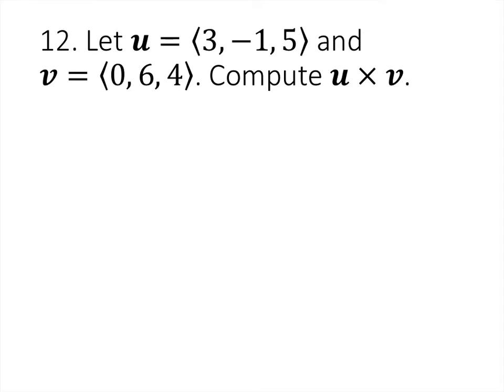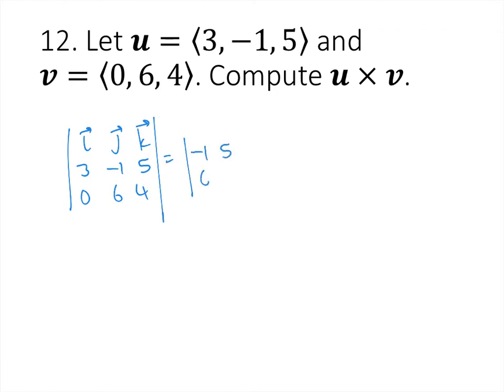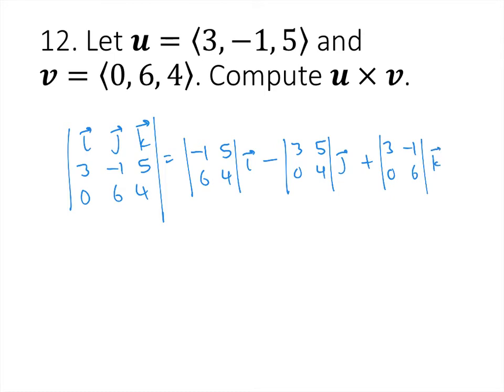For the cross product, we set up our 3 by 3 determinant. So we've got i, j, k. We write the first vector in the second row and the second vector in the third row. That's going to be the determinant 1, negative 1, 5, 6, 4 times i minus the determinant 3, 5, 0, 4 times j plus the determinant 3, negative 1, 0, 6 times k.